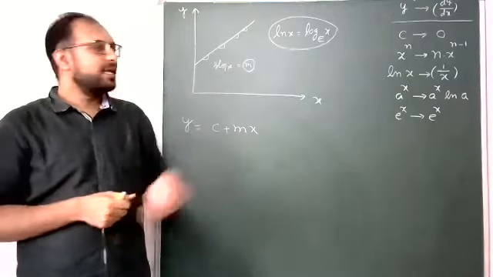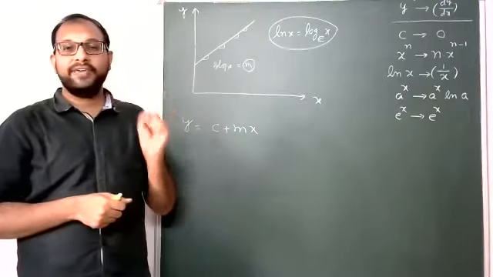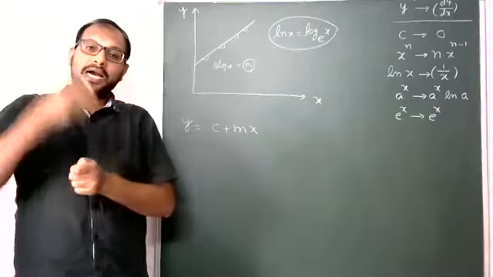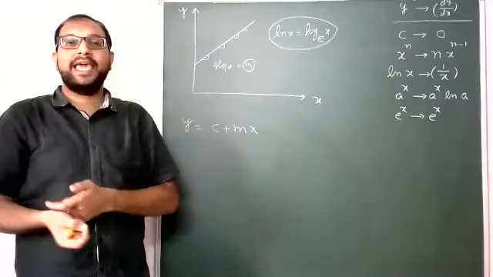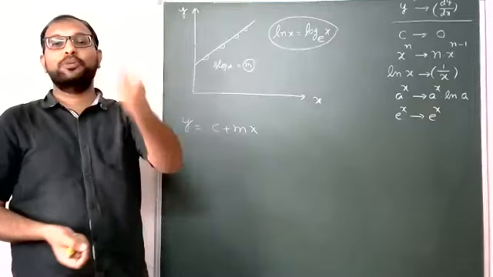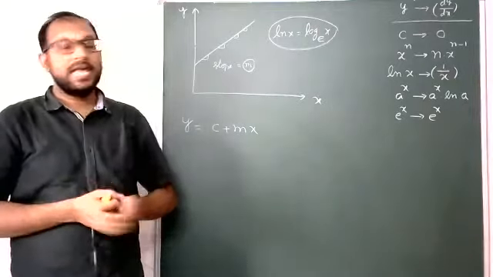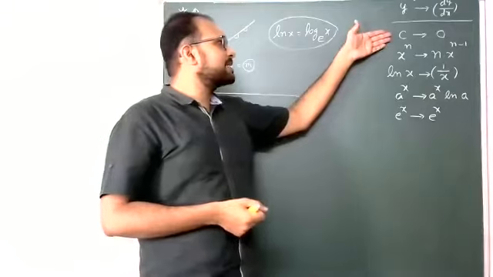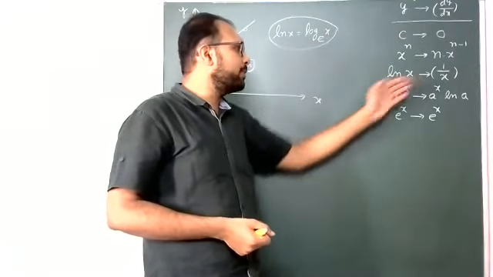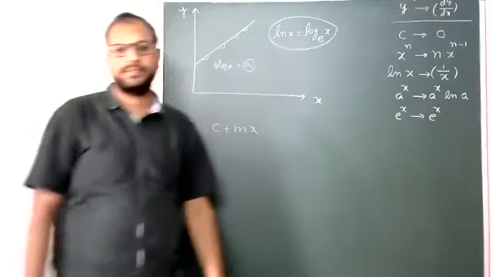So the derivative of e to the power of x, meaning the slope of the curve, is again the same curve. That is e to the power of x. Curve slope is again e to the power of x. Yes, students, here: constant slope, x to the power of n slope, ln x, a to the power of x, e to the power of x.